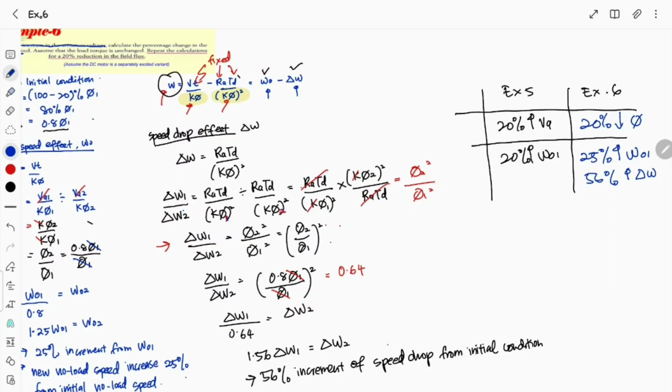And what does it mean? It means that your motor speed will be more sensitive to the flux variation rather than armature voltage. Because with armature voltage, you reduce 20%, you get 20%. So it is a linear relationship. But for example 6, it is not really straightforward speed control, because you reduce a little but you increase a lot. Okay.